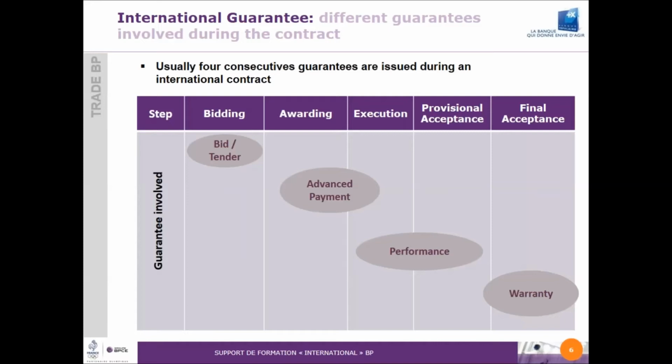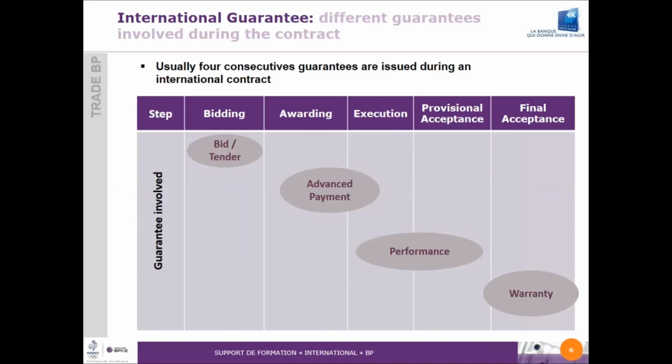The performance guarantee and the advance payment guarantee will last throughout the execution of the performance, usually until the material is delivered or a partial part of the contract is done for the advance payment.